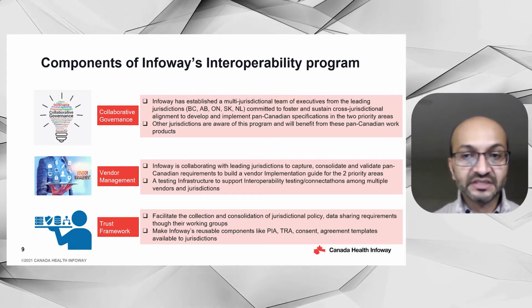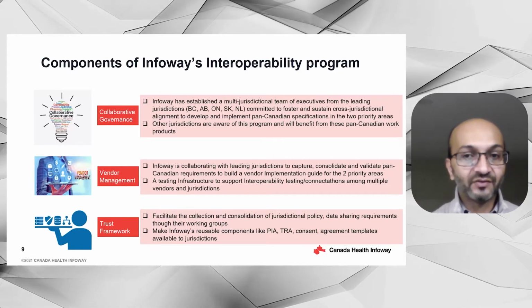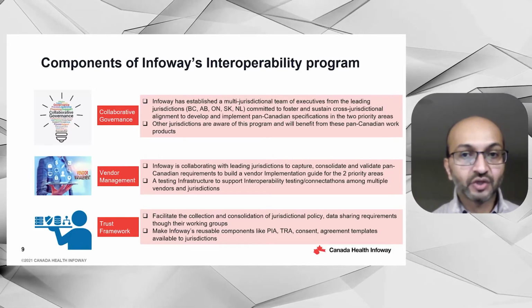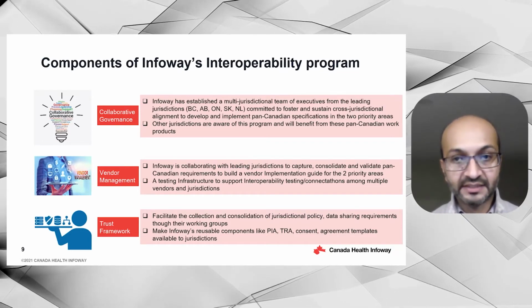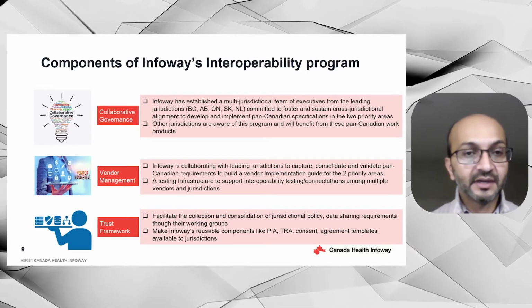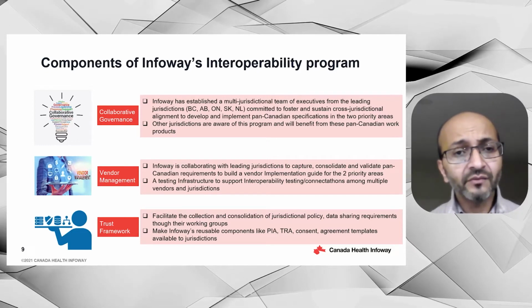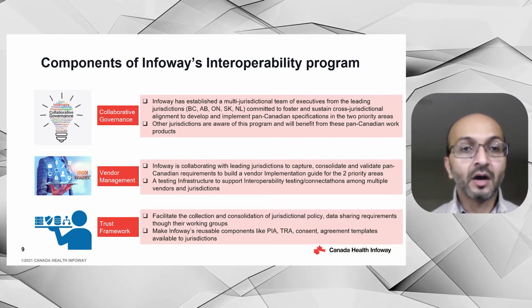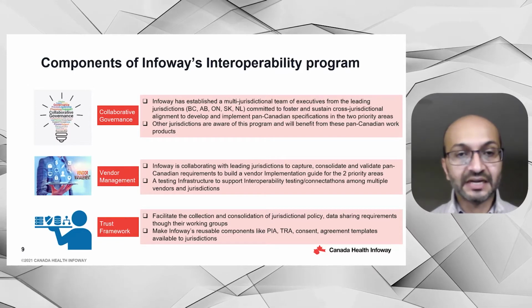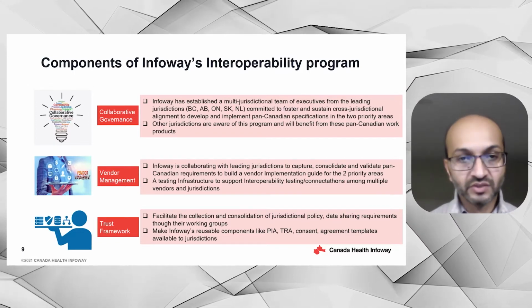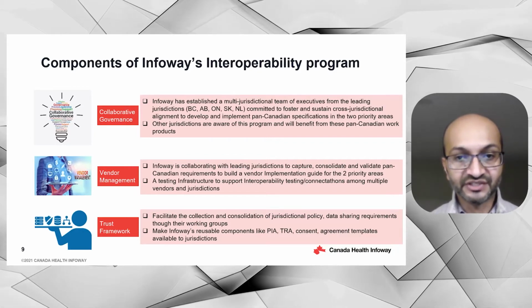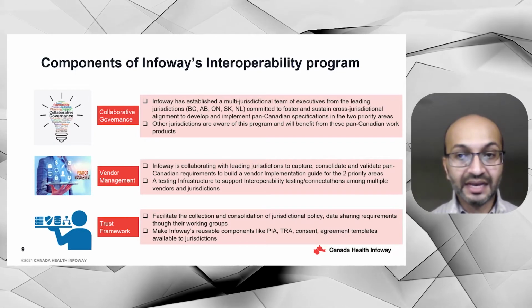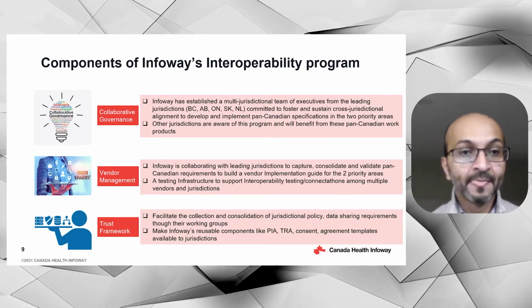Vendors are critical to the success of the program, as they'll have to make changes to their product to ensure that the implementable specs that we are delivering from a pan-Canadian standpoint are properly implemented into their system. And we will be ensuring that a common testing infrastructure is set up to support the testing of those implementable specs across multiple vendors and jurisdictions, which is the value that as an organization we bring to the table.